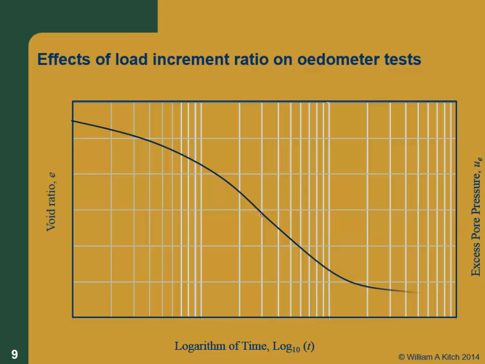So the first thing I want to talk about: you've seen in the void ratio time plots that we've used ones that don't look anything like this, right? They don't have double inflections or anything like that.